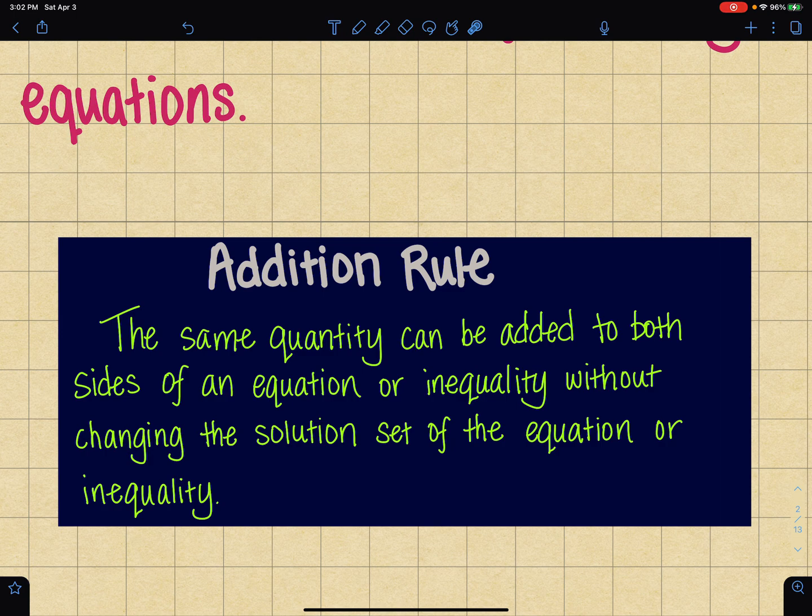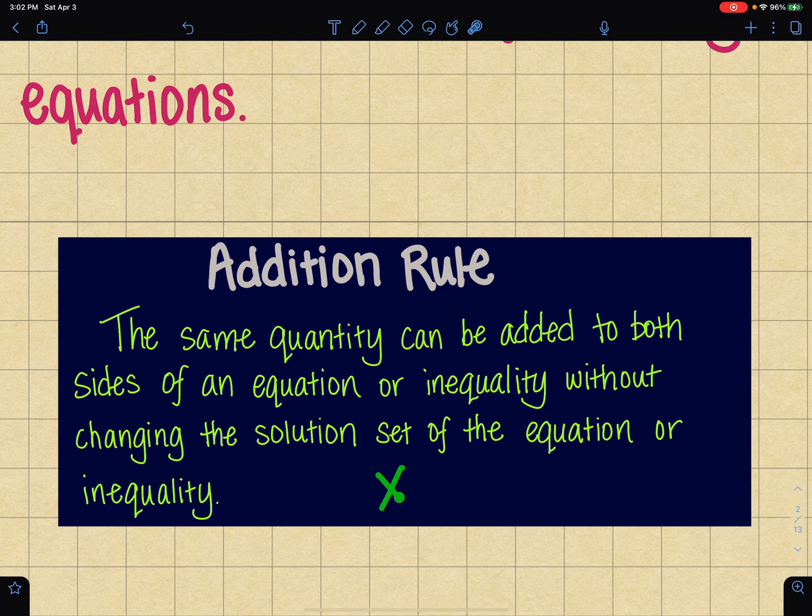And remember, when it says the same thing can be added, it could also be subtracted. So if you have x is equal to y, what if you add a negative 2? It's kind of like subtracting 2. You could do the same thing to both sides. It's not going to change the equation, and it's not going to change the inequality.